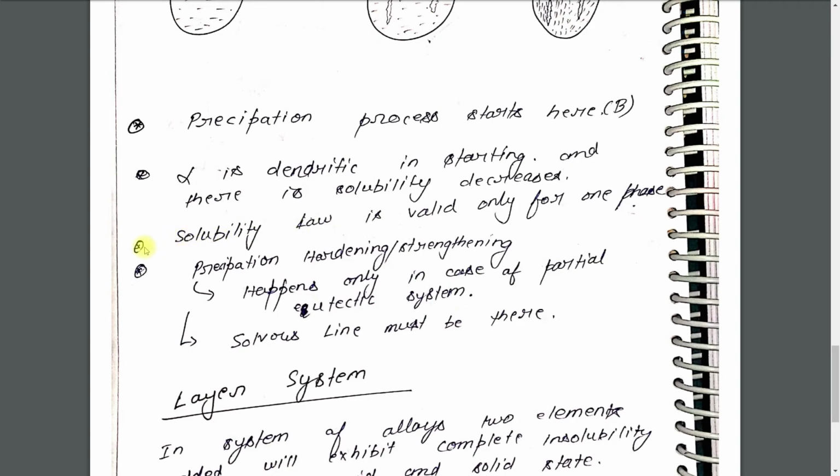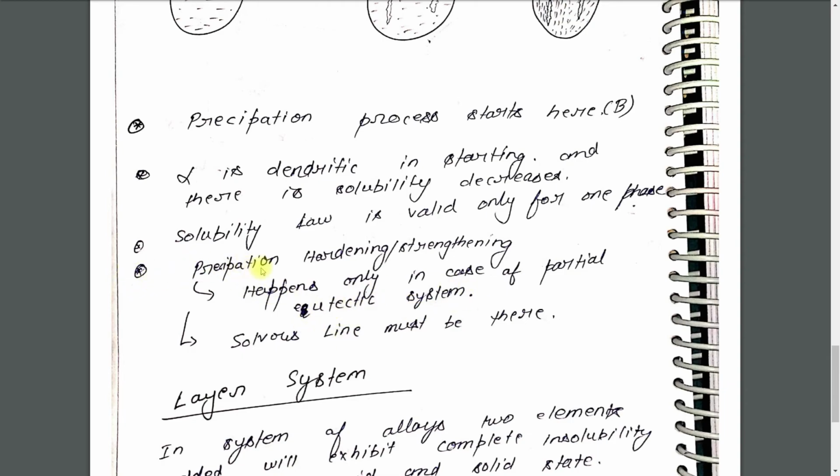And the most important point is that the solubility law is valid only for one phase. This is the most important point here. The solubility law is valid only for a single phase. Okay, and precipitation hardening strengthening happens only in the case of a partial eutectic system.